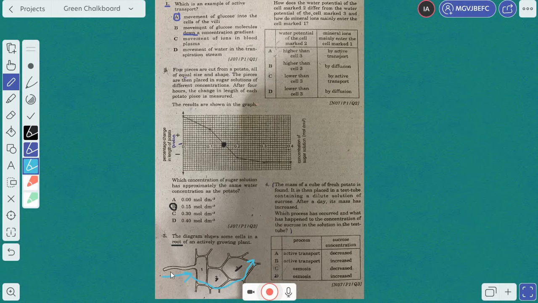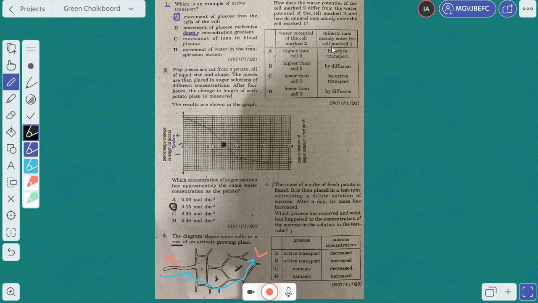So you need to understand that the water potential should be more here, and it should be less here, because water is taken in by osmosis in the root hair cells of a plant, and you need to know that osmosis happens from a region of higher to a region of lower concentration. So this is more and this is less, so it should be either A or B, but we haven't done this part of the question yet, so let's read that.